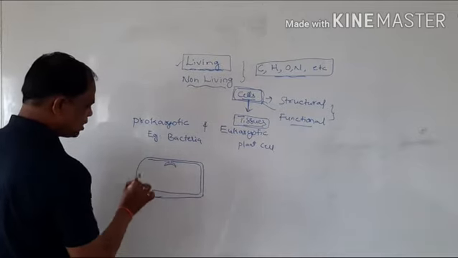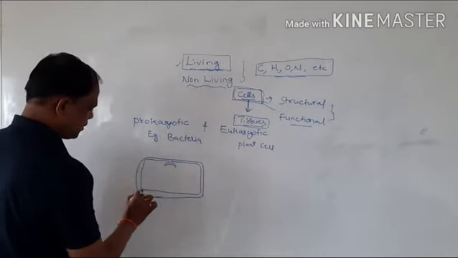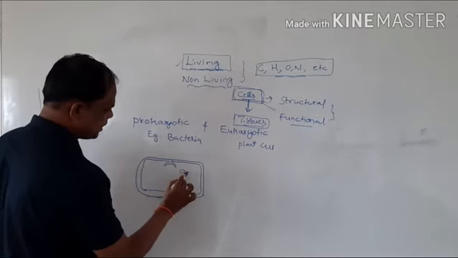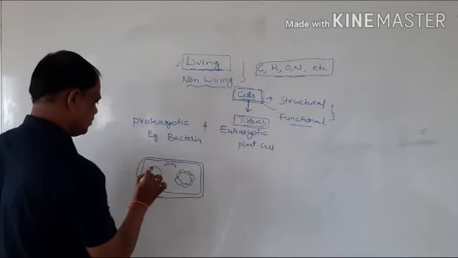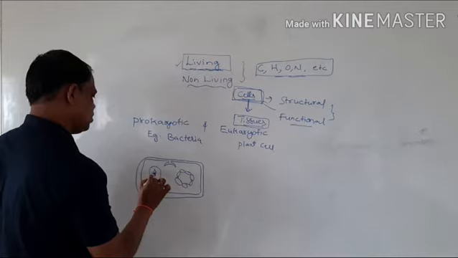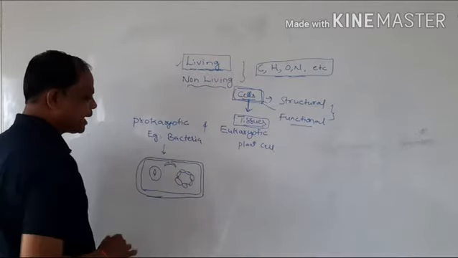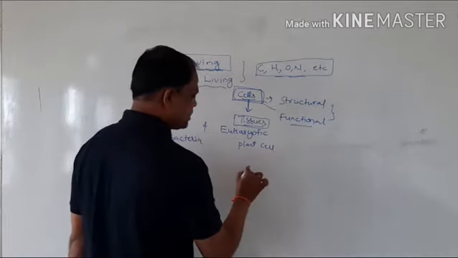This is a rough diagram of a prokaryotic cell, the example being bacteria. And this is the plant cell.